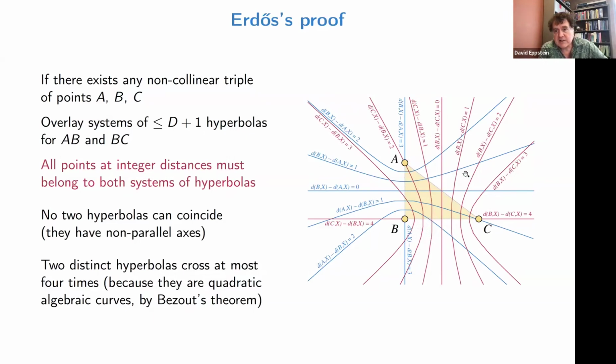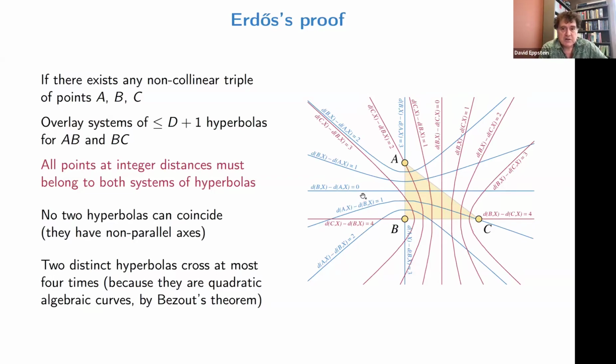And so, for instance, you can see this point over here has distance 3 to C, 4 to A, 5 to B, because it's a reflection of B. This forms a Pythagorean rectangle. So these 4 points do form an integer distance set, but it's a point formed by the crossing of one of these red hyperbolas and one of these blue hyperbolas.